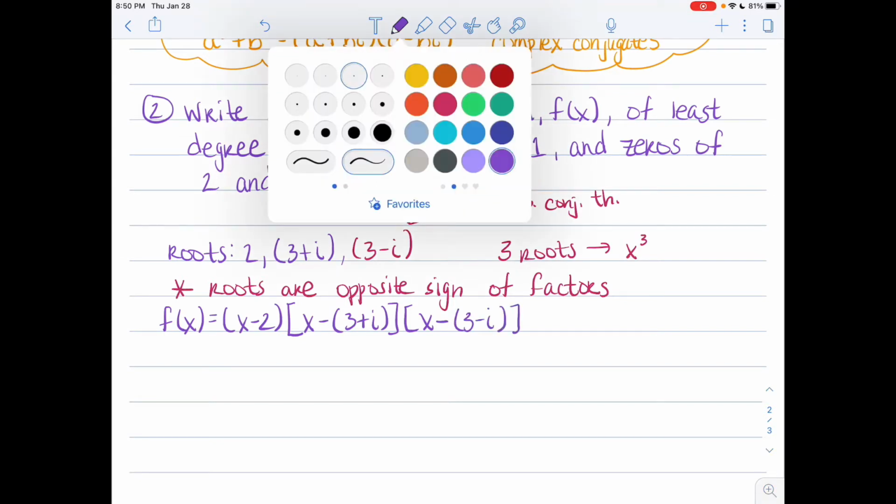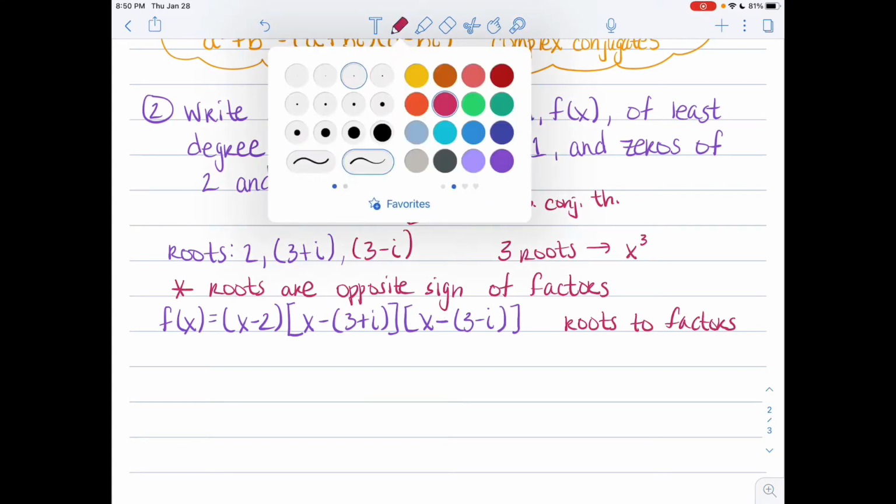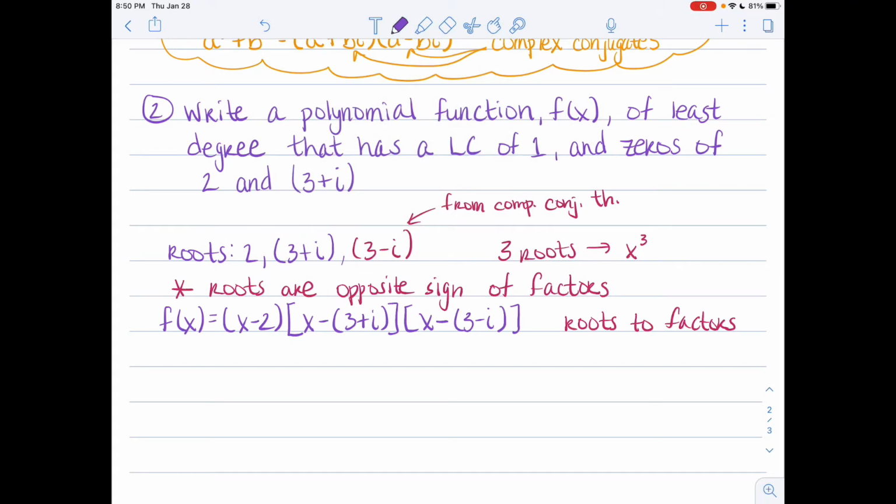So this is my step where I'm taking roots and changing to factors. The next thing I want to do is, I don't like having all these double grouping symbols, brackets with parentheses and all of that. So I'm going to take the negatives and distribute them to everything in the parentheses to get rid of that double grouping symbol that we've got going on.